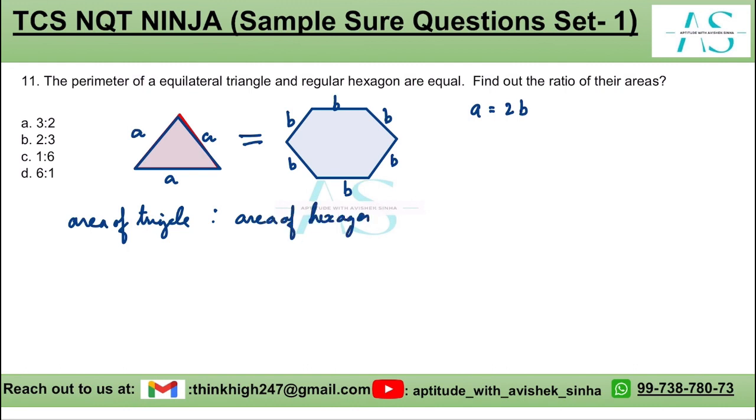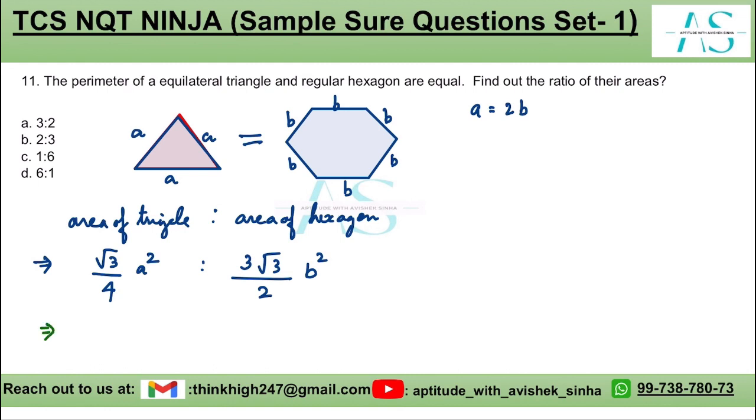Let me put the formulas for both. So area of a regular or equilateral triangle is given by root 3 upon 4 side square. Here the side is A, so I'll write A square. The area of the hexagon is given by 3 root 3 upon 2 side square. Side here is B, so I'll write B square. Now in place of A, can I write 2B?